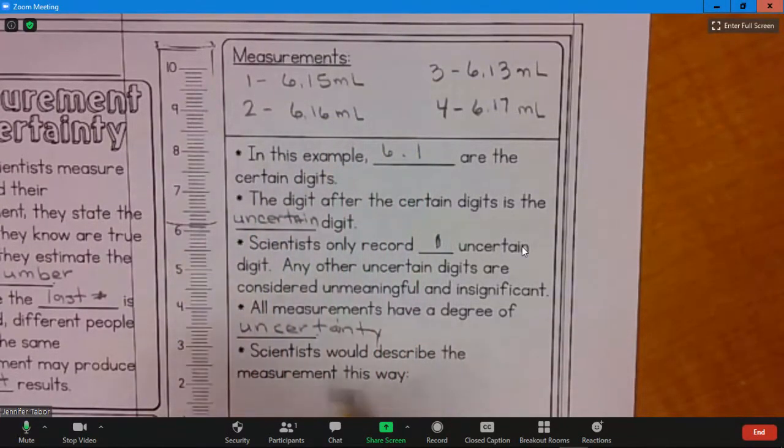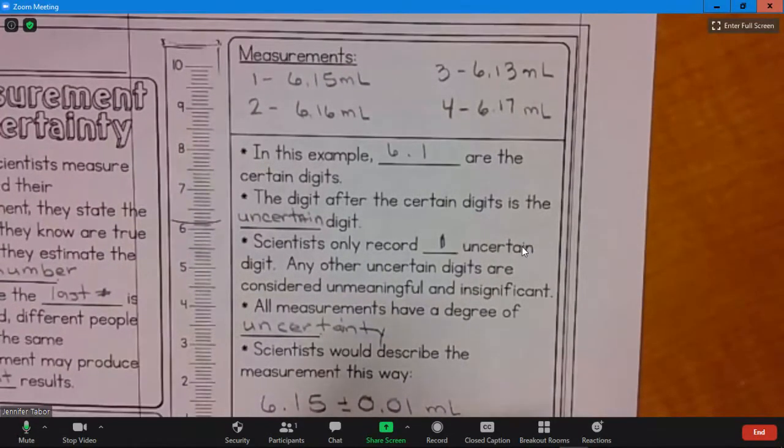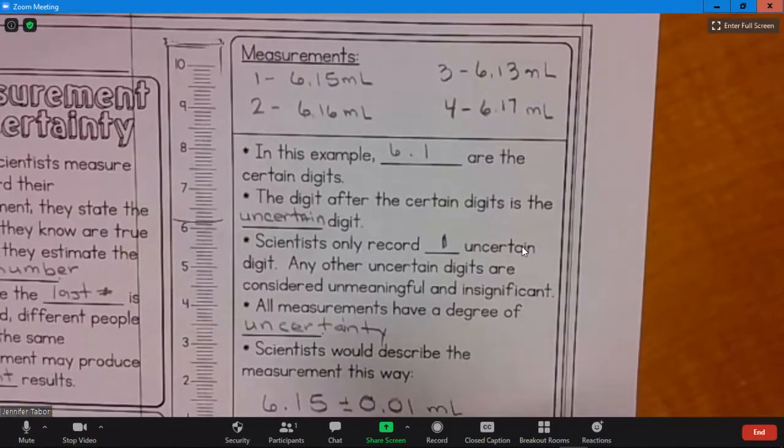So when scientists talk about measurements, they describe that like this. They would say 6.15 plus or minus 0.01 milliliters. That's the amount of uncertainty that there is. Right? Because we can't say for certain. It could be more or less, right?